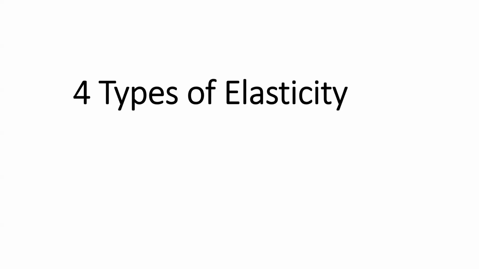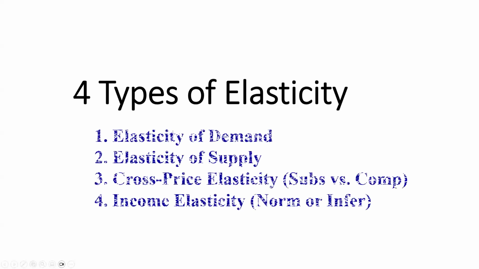All right. You guys are here, so here are the 4 types of elasticities. There we go. All right, so there's elasticity of demand and elasticity of supply, which are the same thing formula wise and coefficient wise. This one's on supply and one's on demand.